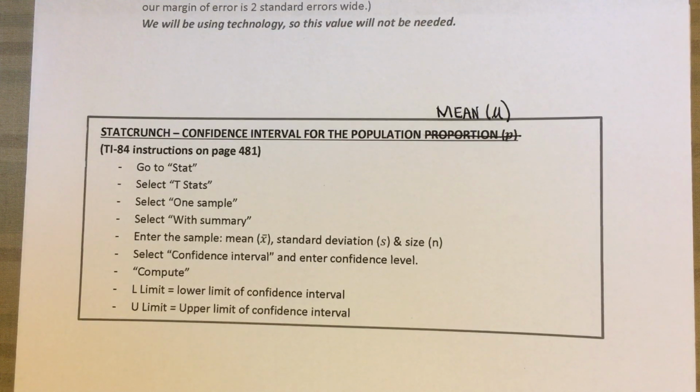We're going to enter those 3 values that were listed at the top of the page: our sample mean, our sample standard deviation, and our sample size. Then we're going to select confidence interval, make sure we have the correct confidence level in there, and then select compute. Not any more difficult than what we saw in Chapter 7, just a slightly different choice in our menu.